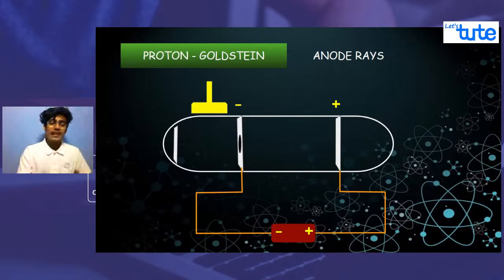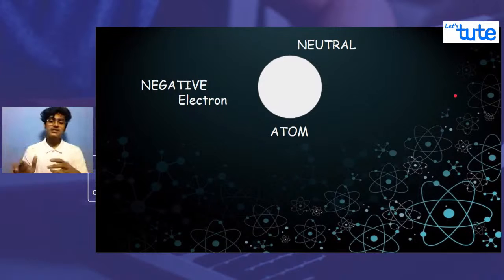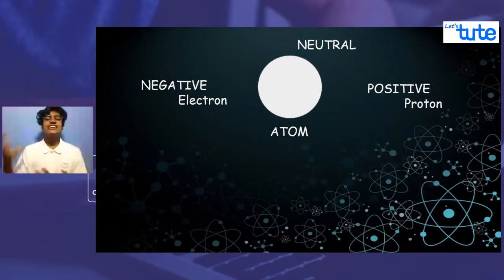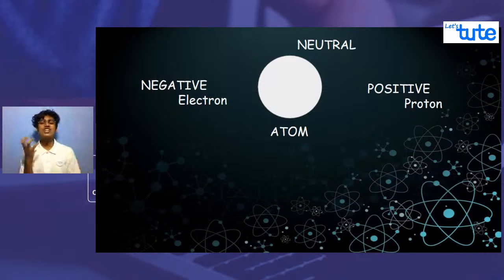Let's try to understand these things. We talked about how the atom is really neutral, so if it has negative electrons, it may have something positive, and the positive charge is known as the proton. Now let's understand something about these charged particles.